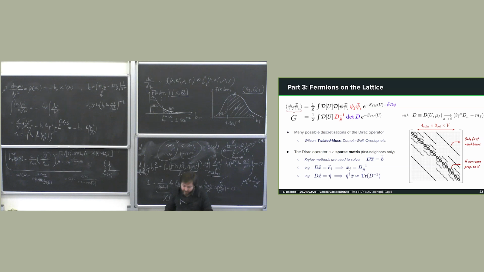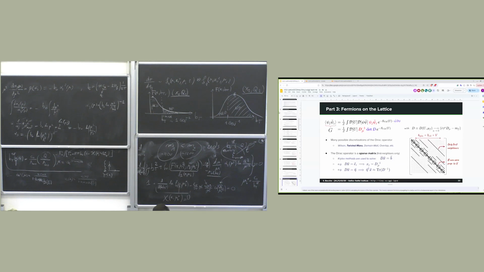Let's do this exercise for a second. Let's say you have 4 times 3 times the volume. Let's take a not too big volume, but quite significant, for instance 64 cubed times 128 in time.